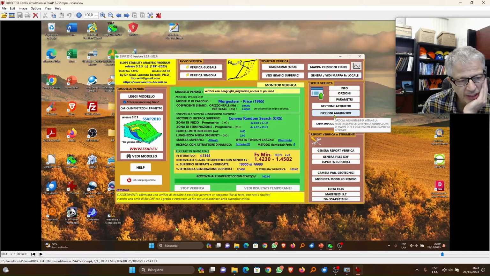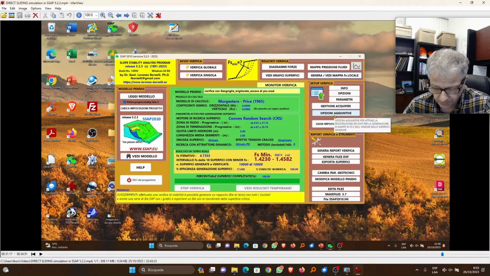Well, what considerations can we make at this point? Many considerations, for example, that SSAP is not commercial software, so you can use it freely. We have a license completely free for students, didactic activity, research activity, professional activity. Of course, a lot of engineers use it in Italy.